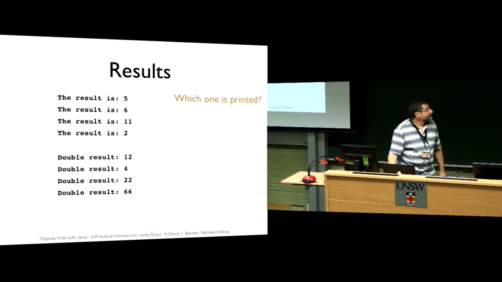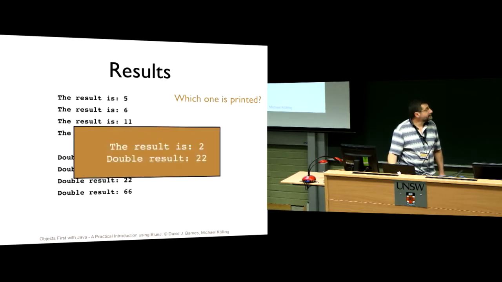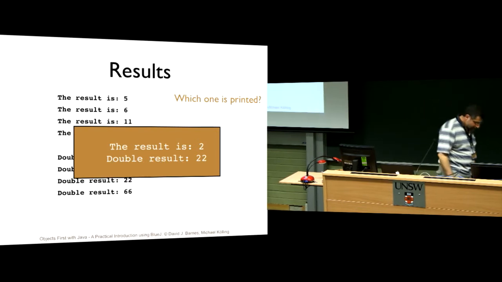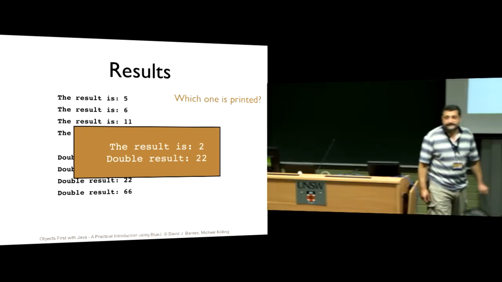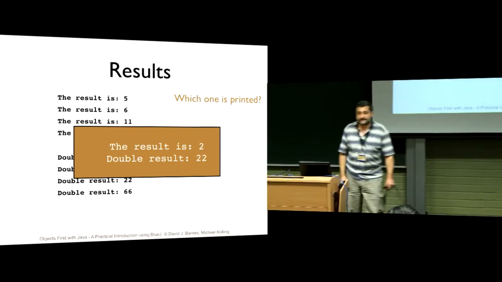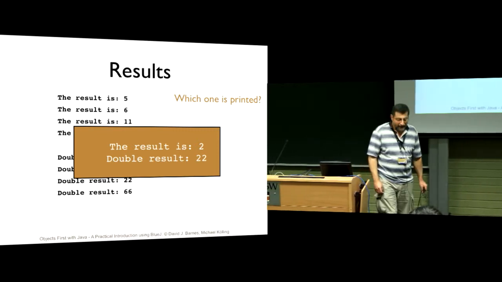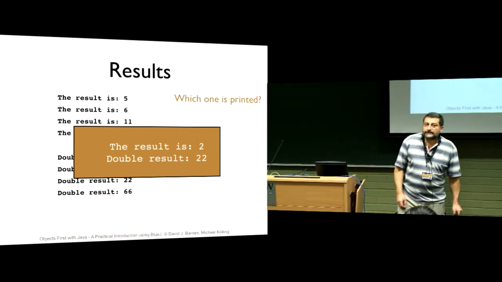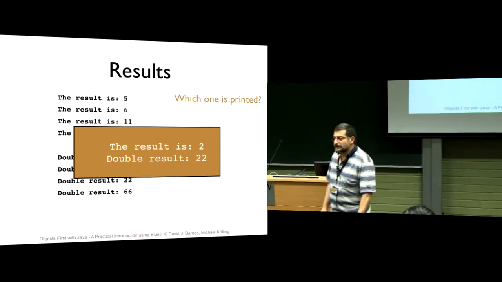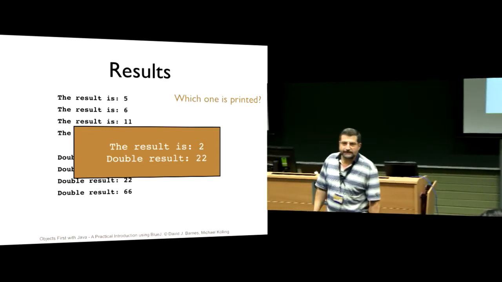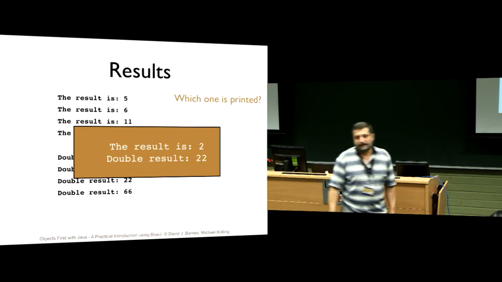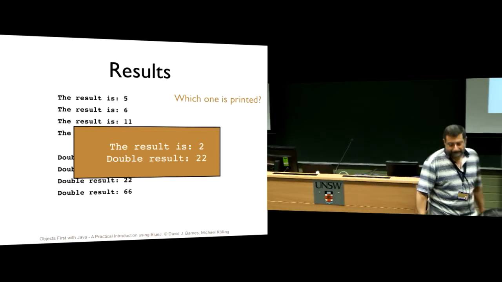The actual result from that program is 2 from the first statement and 22 from the second. And that's because there are some very subtle logical errors in the code that make it not do what you expected.